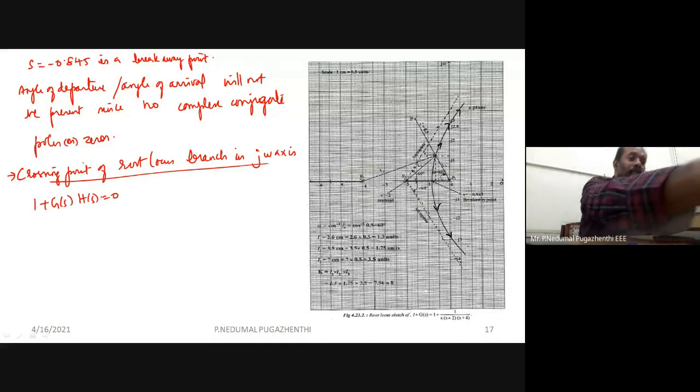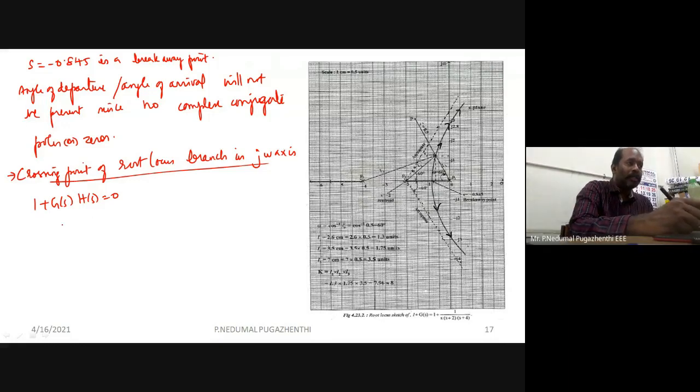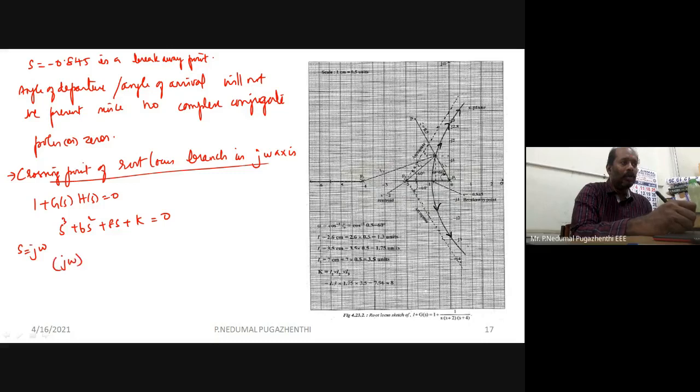In the previous, you got it like s cube plus 6s squared plus 8s plus k is equal to 0. Now substitute s is equal to j omega in this equation. I will get j omega the whole cube plus 6 into j omega the whole squared plus 8 into j omega plus k equal to 0.